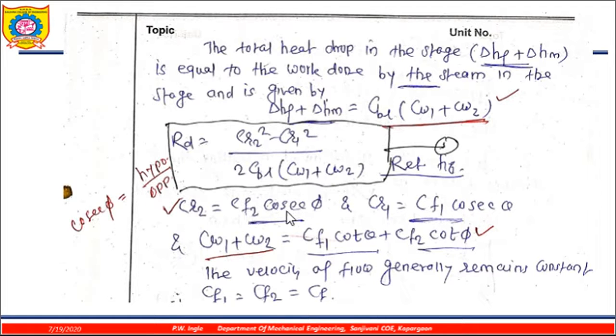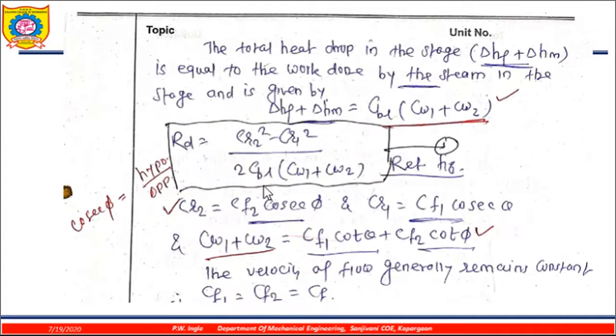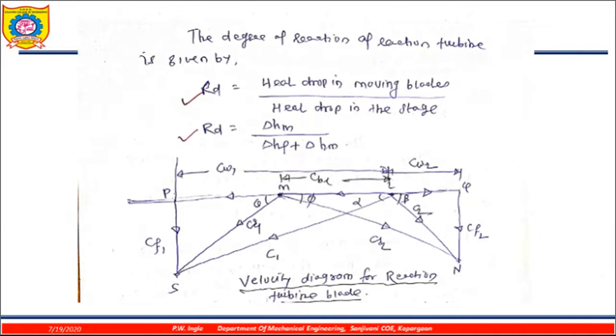Now Cr2 is nothing but Cf2 cosec phi. What is cosec phi? It is hypotenuse upon opposite. This is the phi angle. So Cr2 upon Cf2, opposite, not adjacent, it is opposite.